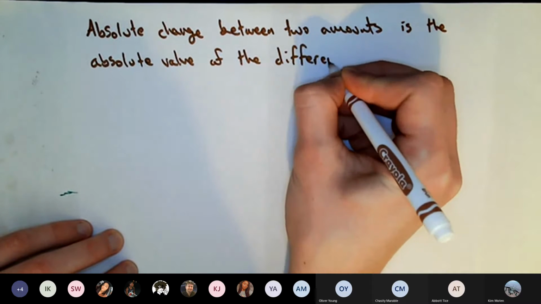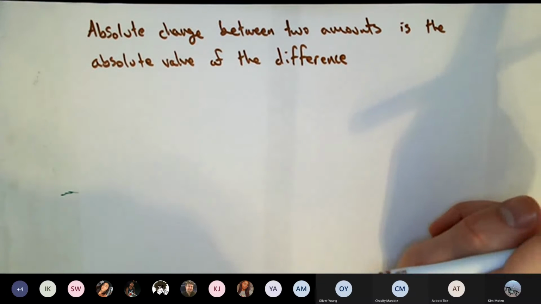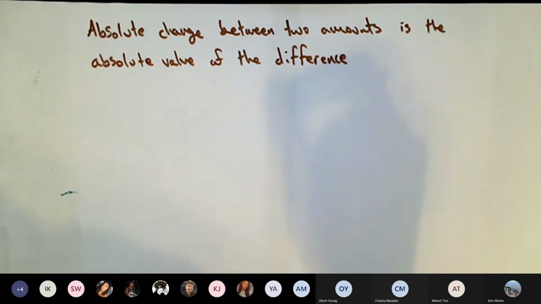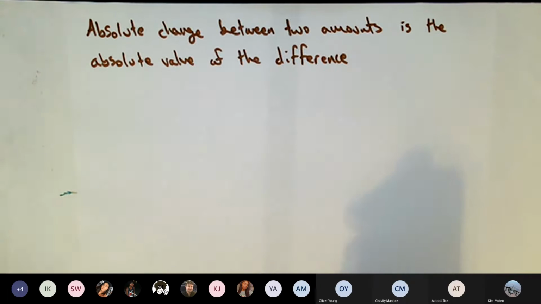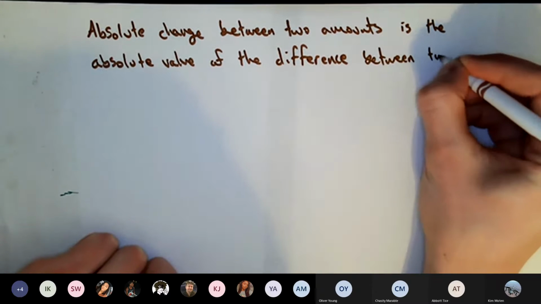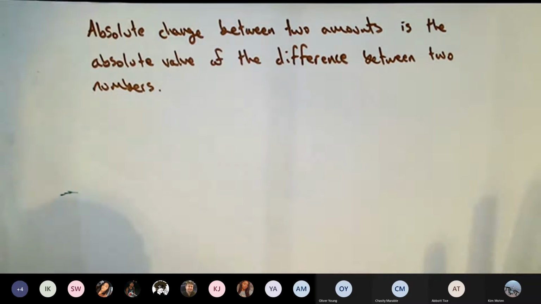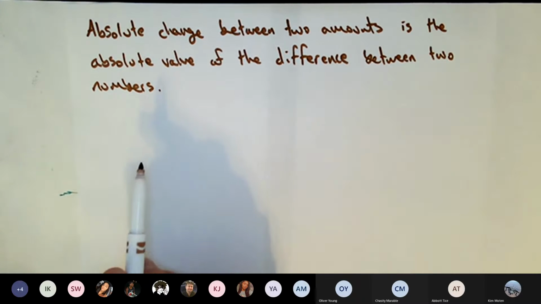We don't want to describe a percentage increase or decrease as a negative. If it's higher, it should be a percentage increase. If it goes lower, then it's a percentage decrease. So we should never have a negative percentage come out of this, and the way we make sure of that is we always take the absolute value of the difference.